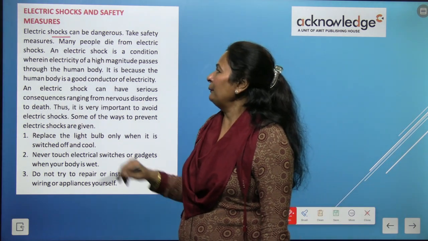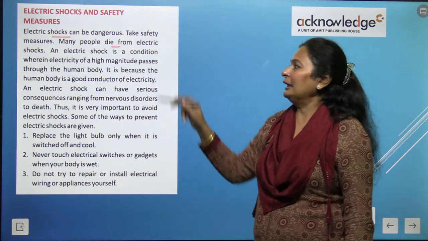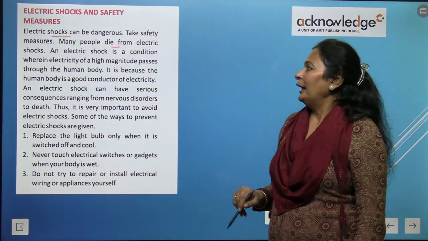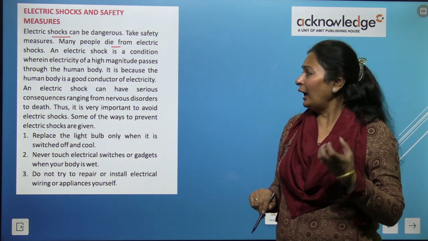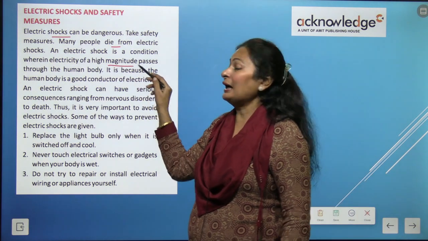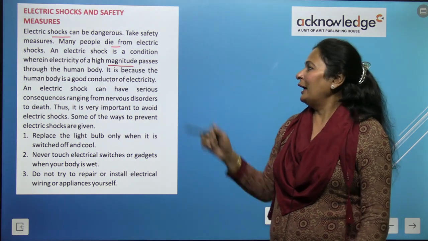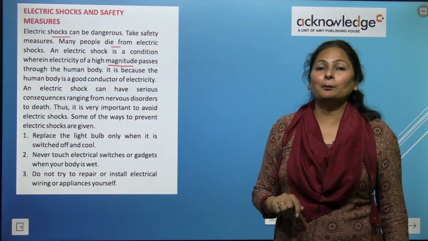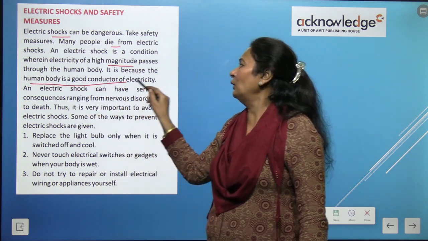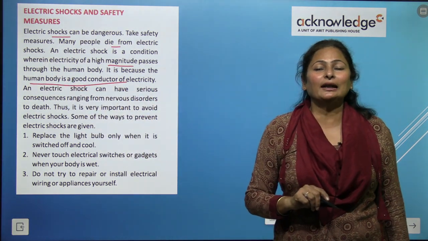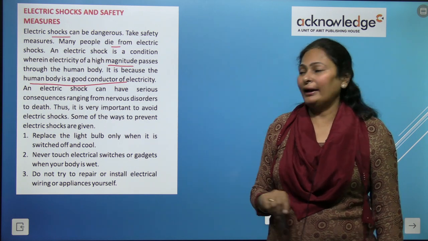So take safety measures. Many people die from electric shock, and electric shock is a condition wherein electricity of high magnitude, meaning high voltage, passes through the human body. It is because the human body is a good conductor of electricity, right?